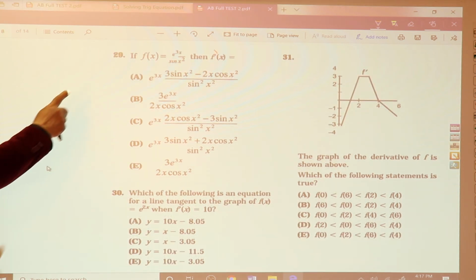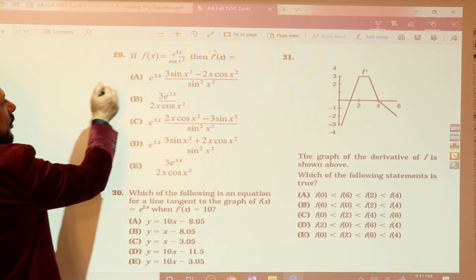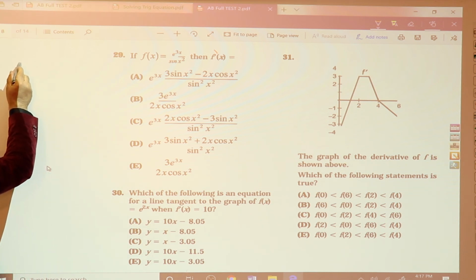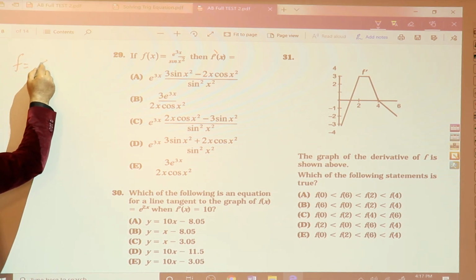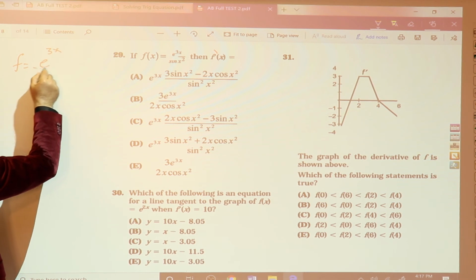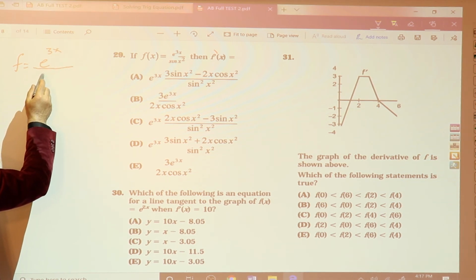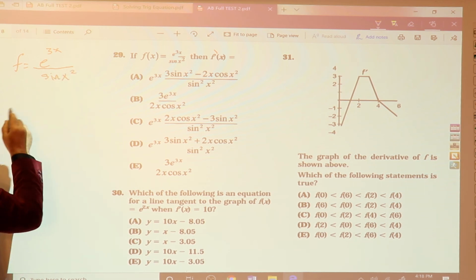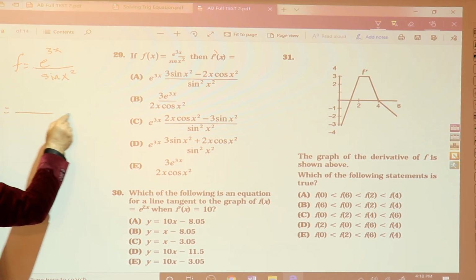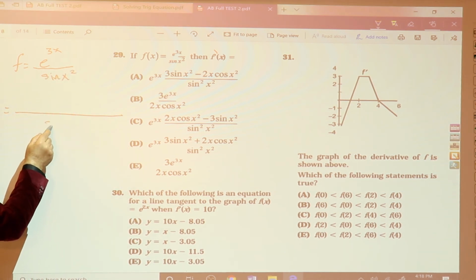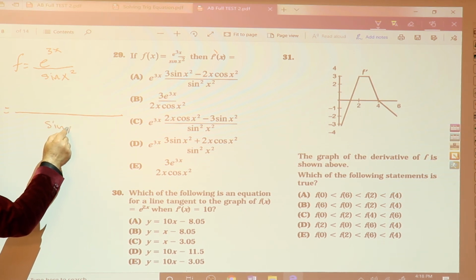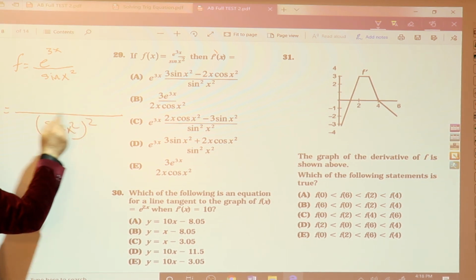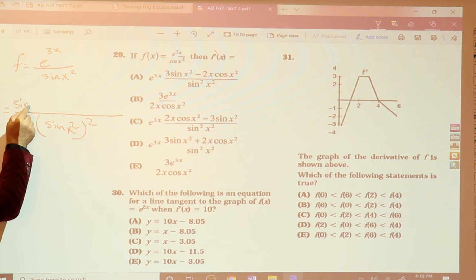Okay. f prime of x, this is the quotient rule, right guys? f equals e^(3x) over sine x square. You take the denominator, you square it, sine x square, and you leave it in the top, sine x, quotient rule.